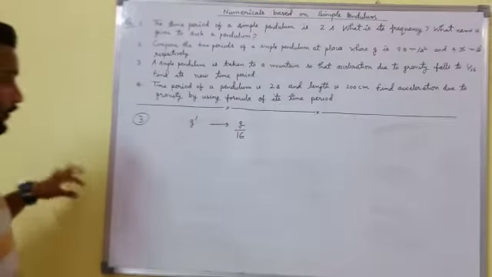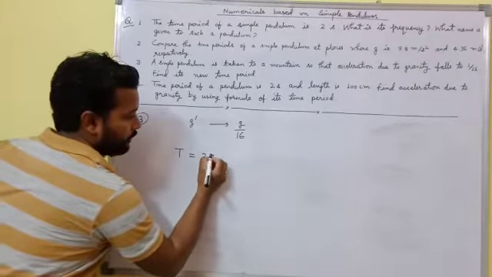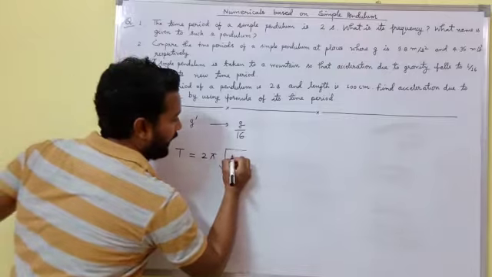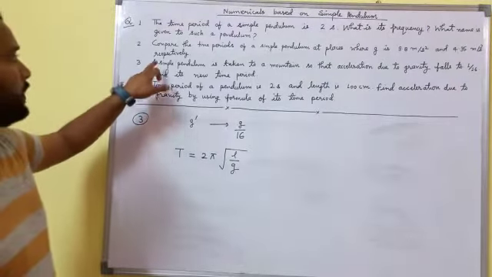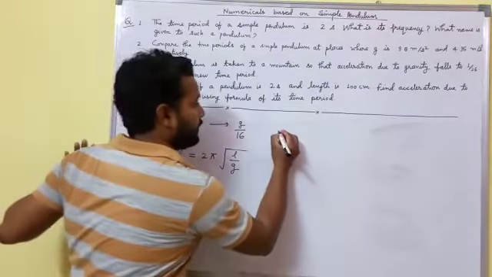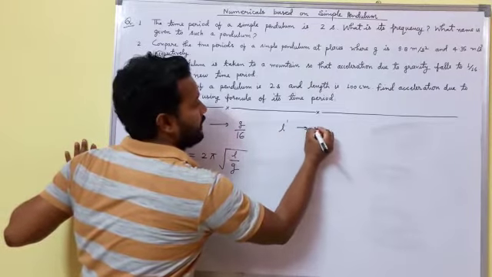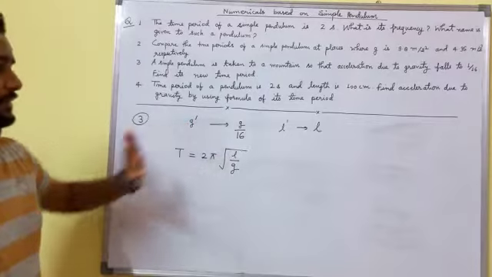We already have the relation T equals 2 pi root L by g. Students, in this problem length is constant. It means L dash will be the same as L, but g becomes g by 16.